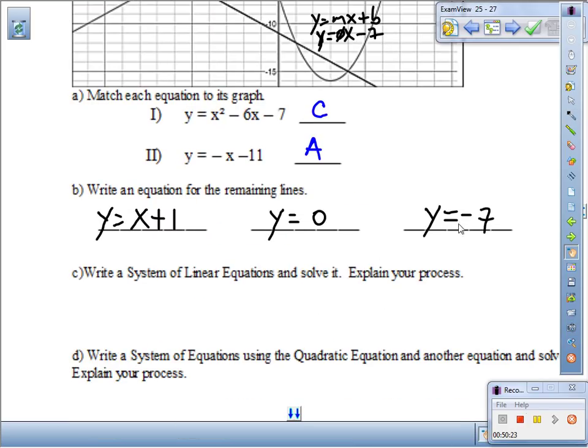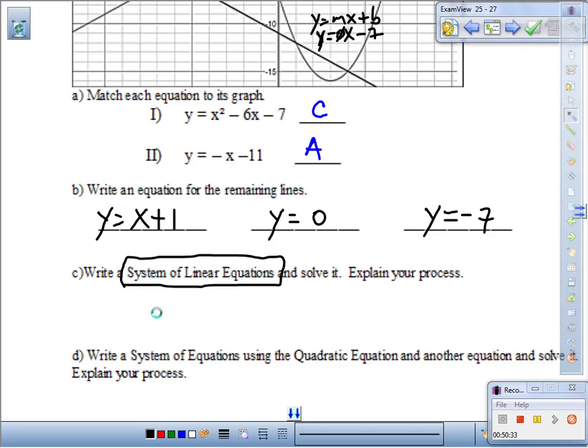All right. Let's go to part C. Write a system of linear equations and solve it. What does that mean? You need to pick at least 2 lines that are what? Straight lines, linear equations, and solve it. Charlie, give me 2 equations.